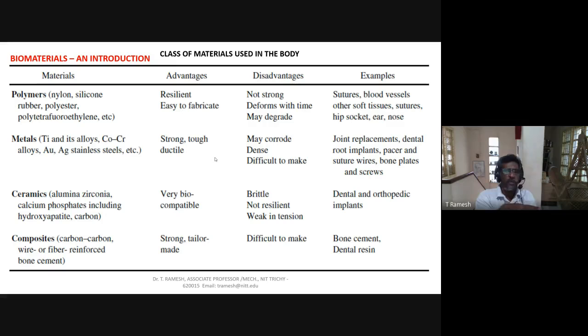The advantage of using polymers is that they are resilient and easy to fabricate, but they have the limitation of poor strength, deform with time, and may degrade. The examples of already developed devices are sutures, blood vessels, other soft tissues, and then hip socket, ear and nose. All those things are already manufactured from polymers.